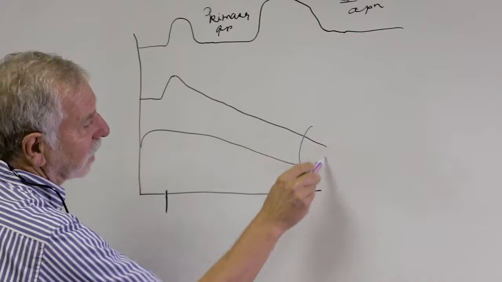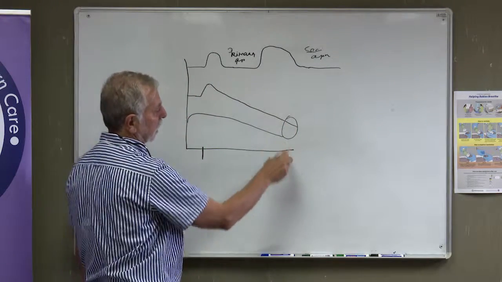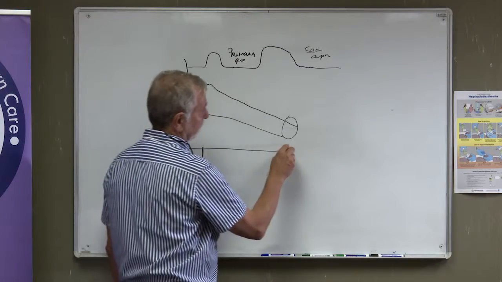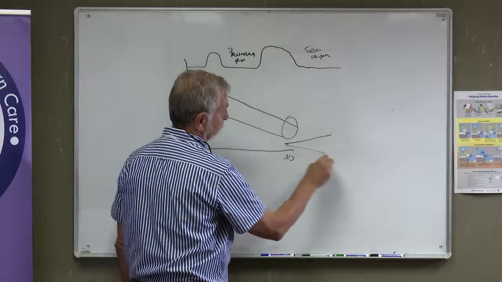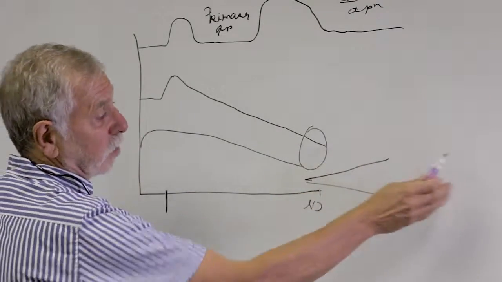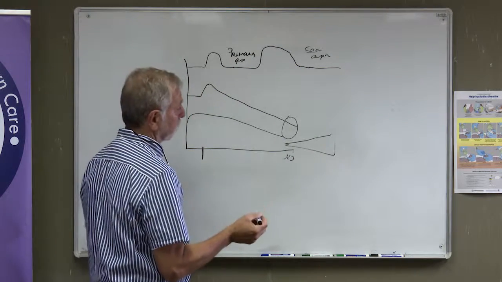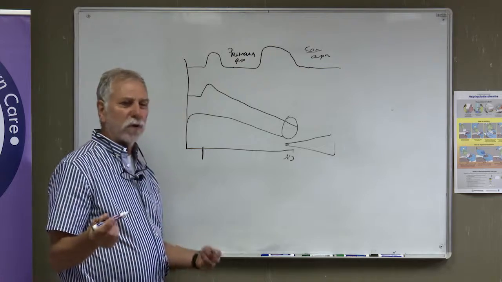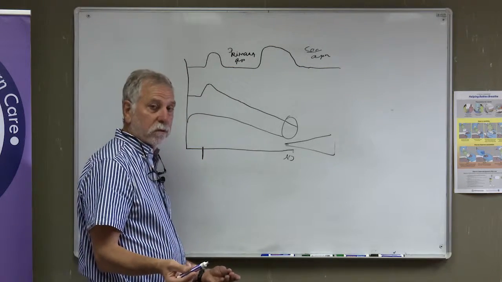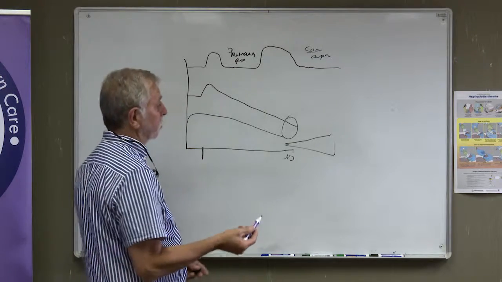So at this point in time, which is approximately 10 minutes, it says there's brain damage. And this line shouldn't be there, because if it continues, the brain damage, of course, will get more and more. So in acute asphyxia, we have only 10 minutes to act upon it and to resuscitate the baby.